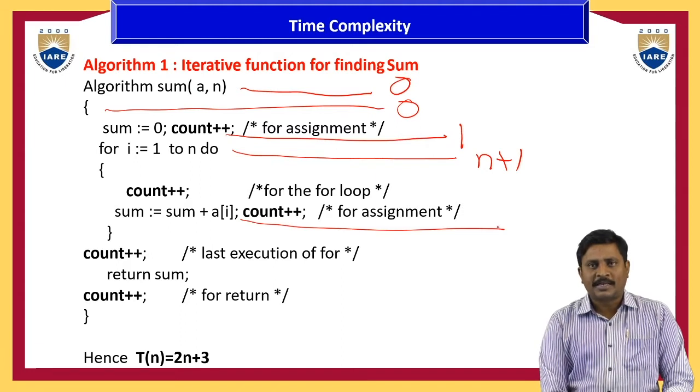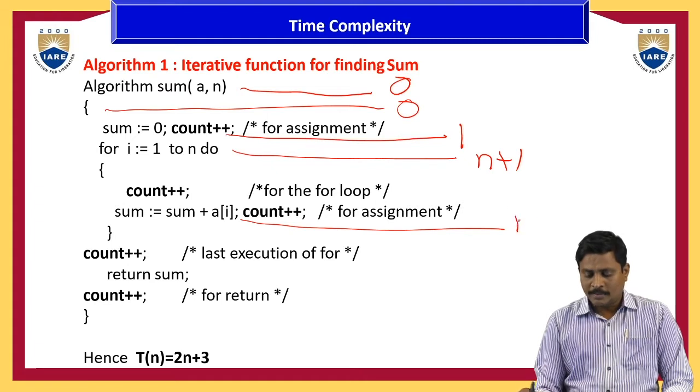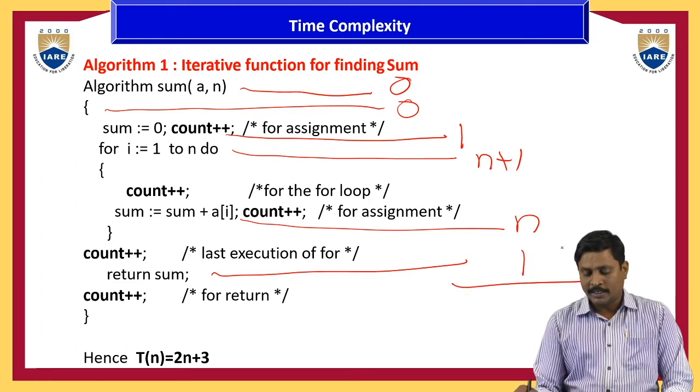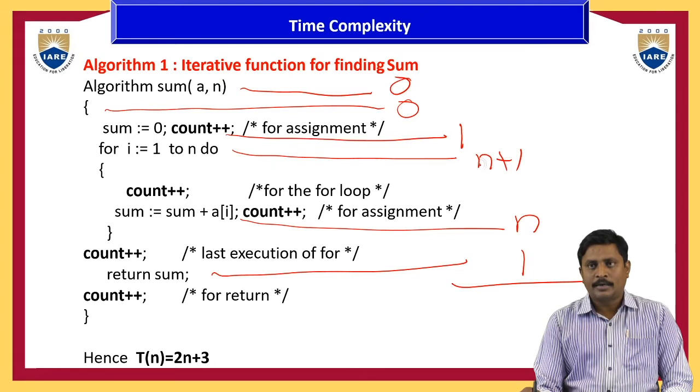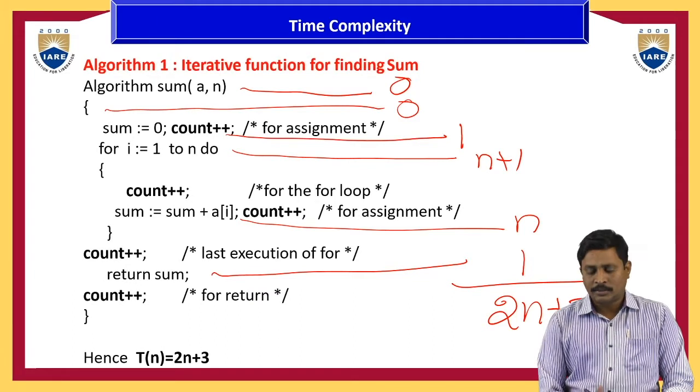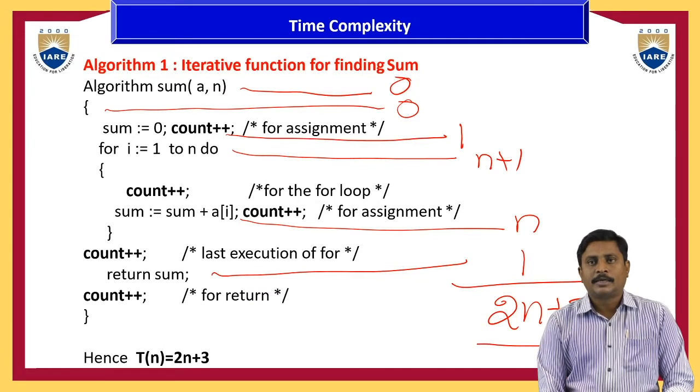The for loop repeats n times, so this statement also repeats n times and takes n time counts. Return is a simple statement, it takes 1 step count. Now you see n plus n plus 1 plus 1 plus 1, so in total it takes 2n plus 3 time counts.